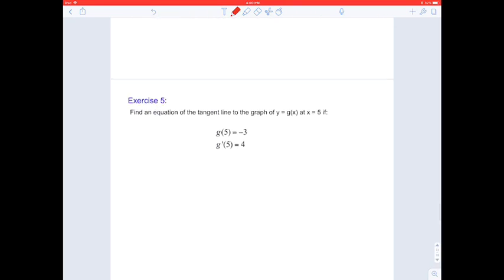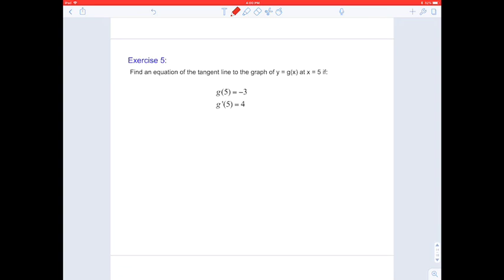And I have two more problems. Another one is: find an equation of the tangent line to the graph g of x at the point 5, if this information is given: g at 5 is negative 3, g prime at 5 is 4. That means what I need is the tangent line. First of all, I need the slope.